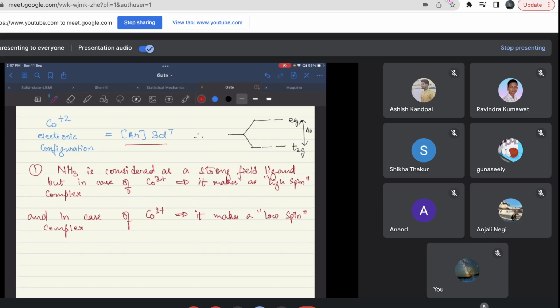Also here you can note that as the charge or the oxidation state of my metal ion increases, it also affects the CFSE, such that as the oxidation state increases, my delta naught value also increases.